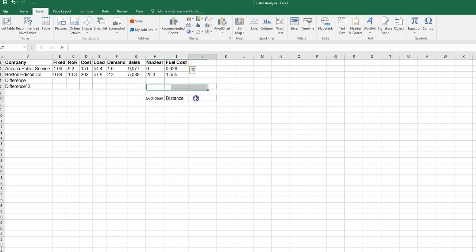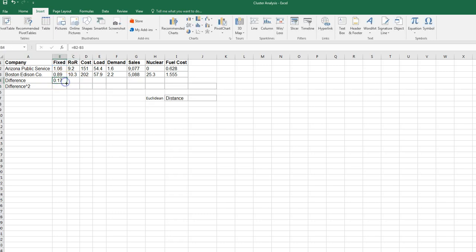The way the Euclidean distance is calculated is you're going to find the difference for each attribute amongst these 2 variables, square up those differences, sum the squares of the differences, and then taking the square root of that sum is going to give you the Euclidean distance. By that I mean you're going to first subtract the value for fixed cost for each of these companies.